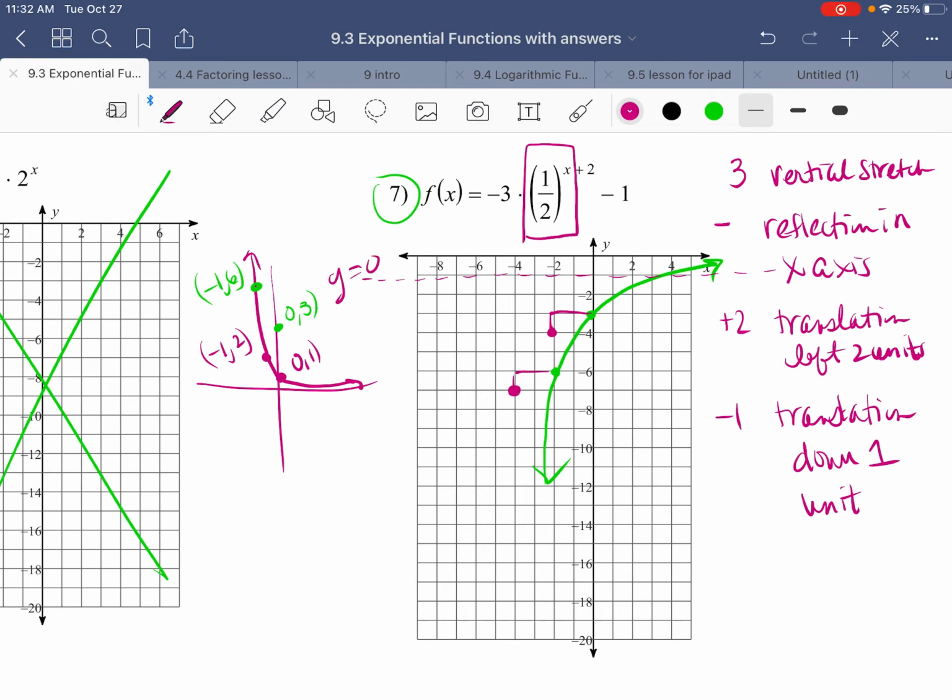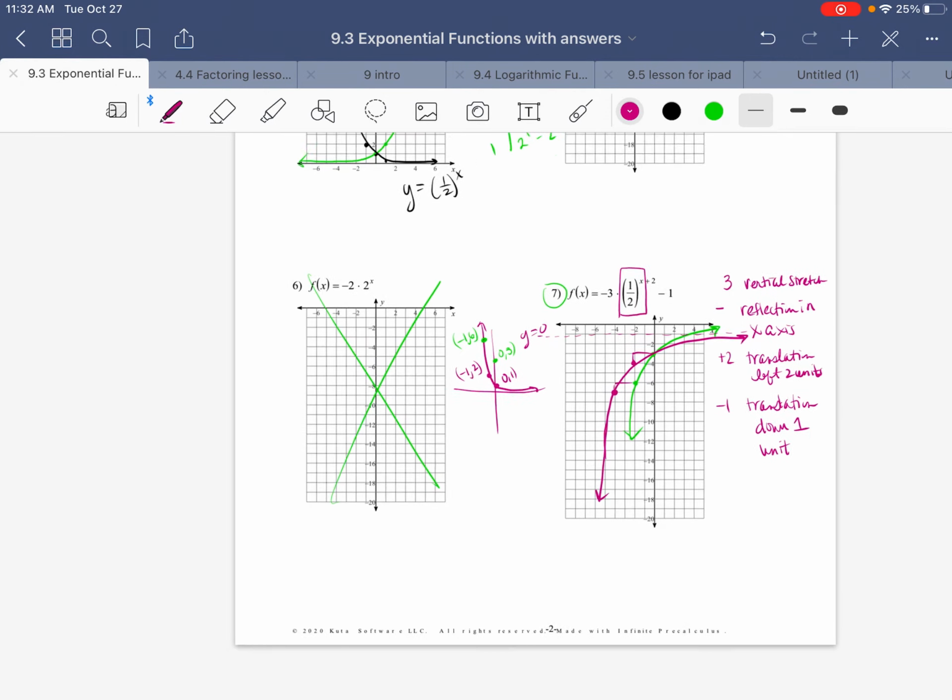So now my new function is going to do this. That pink curve is the stretched, reflected, and translated exponential graph. And yes, you've got your calculator with you. You can verify all that stuff.